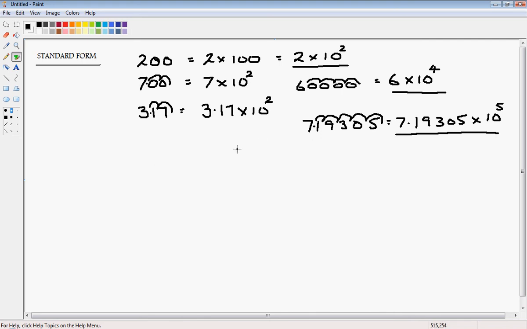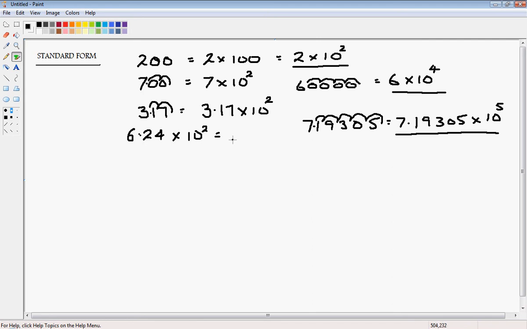Okay, now if I want to go the other way and make them real numbers, all that happens is I take this number and the decimal point moves back by the number of the power. So if I've got 6.24 multiplied by 10 to the power of 2, and they say what's this as a real number?